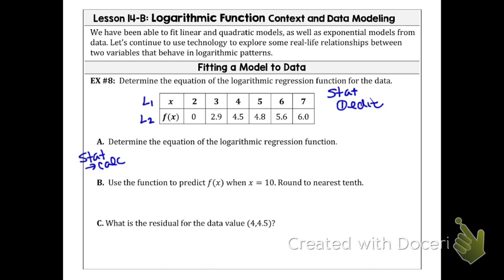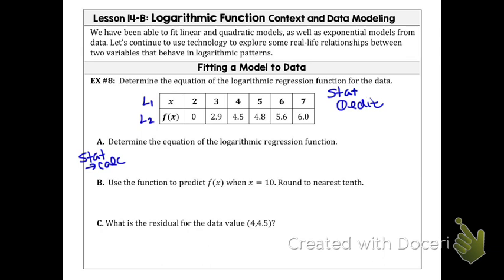And if you want to store the regression equation, remember, you can go to alpha trace and plug it into y1, and then go down to calculate. And so what you see there is that y is equal to a plus b natural log of x. Tells you what a and b are.